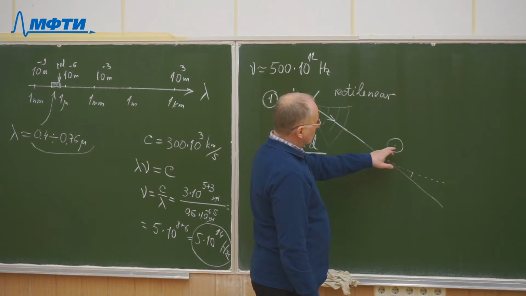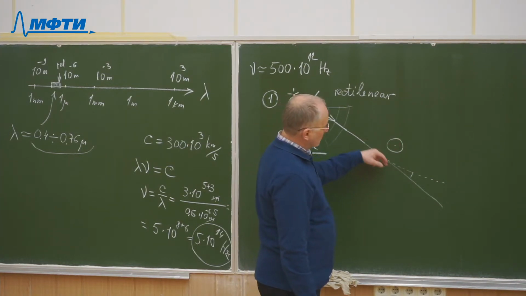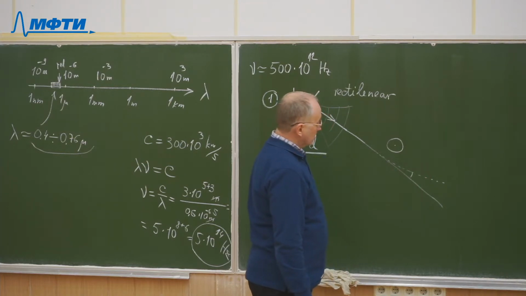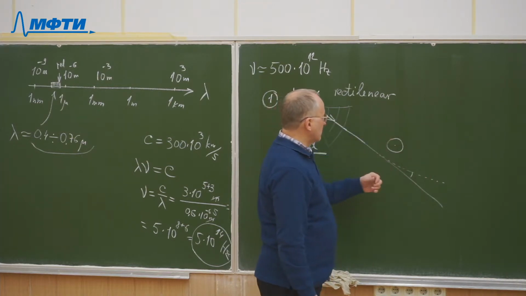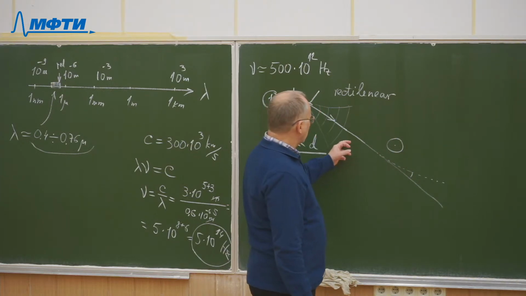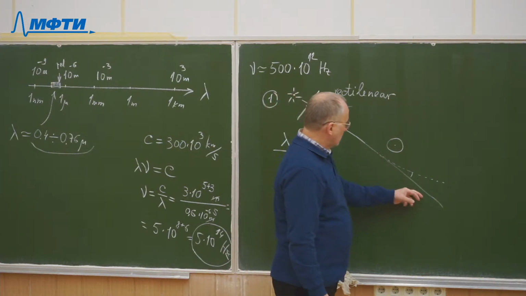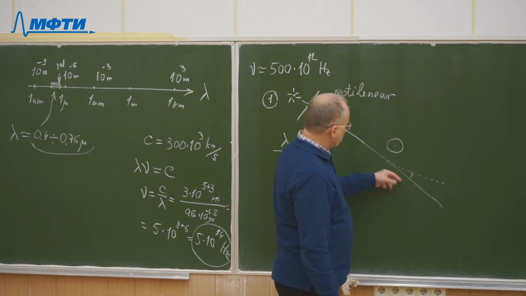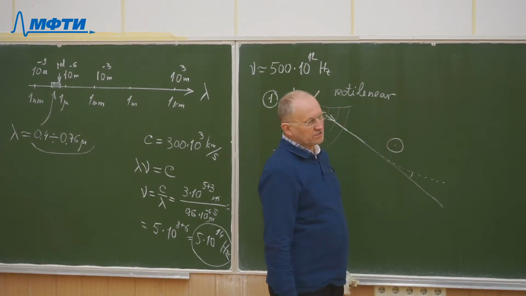If we take a stronger gravitation field of heavier bodies, then the deflection of light rays will be larger. So the rectilinear propagation will not apply if the light goes near a gravitating body.